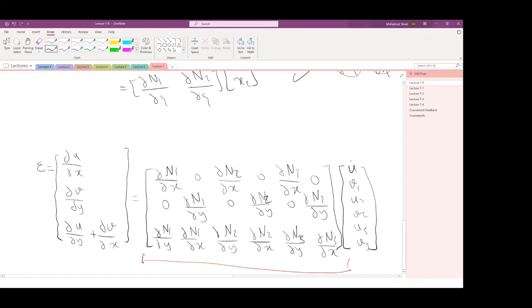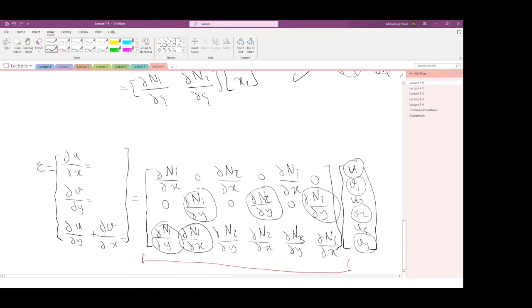All right, so if you multiply U1 with N1 and U2 with N2 and U3 with N3, you will get U with respect to X. If you multiply V1 with N1 and V2 with N2 with respect to Y, and V3 with N3 with respect to Y, you will get the derivative of V with respect to Y. And for the shear, you need to have U1 with respect to Y and V1 with respect to X. You're switching the components, and you repeat that, you will have the shear components.